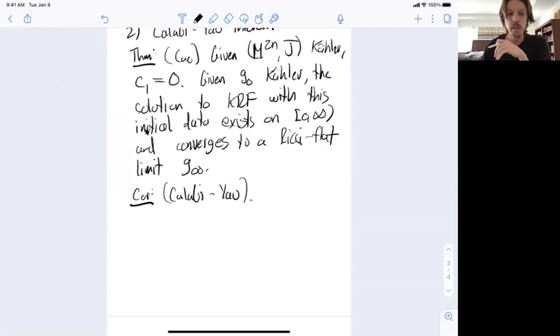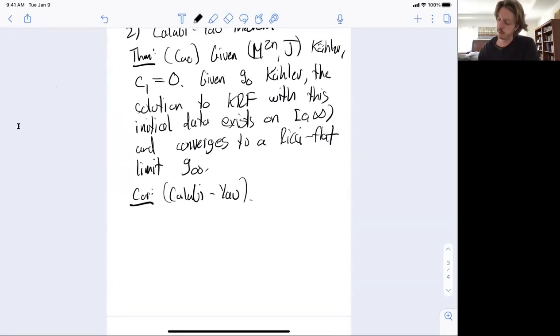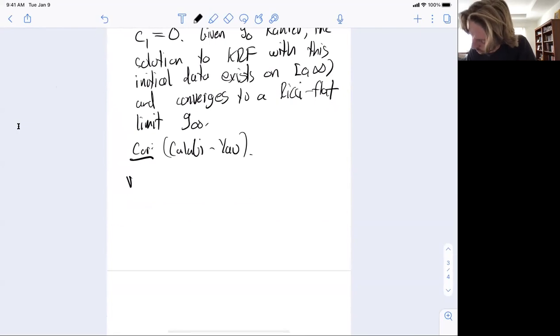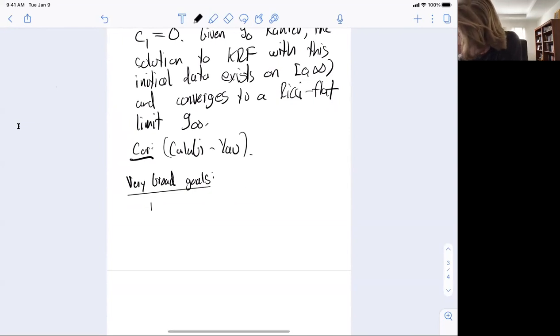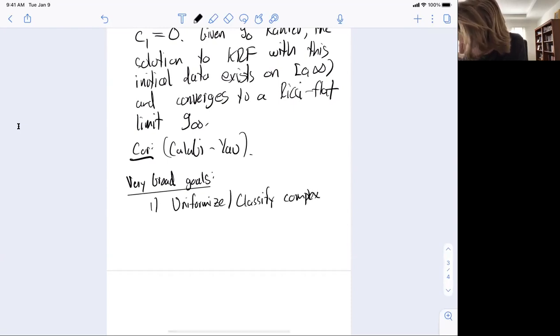So yeah, in view of these results, some very broad goals that I'm going to sort of refer back to. One is to uniformize, classify complex manifolds in higher dimensions.